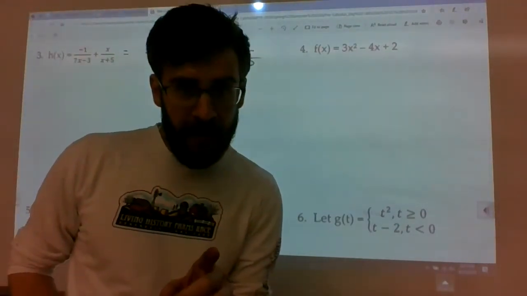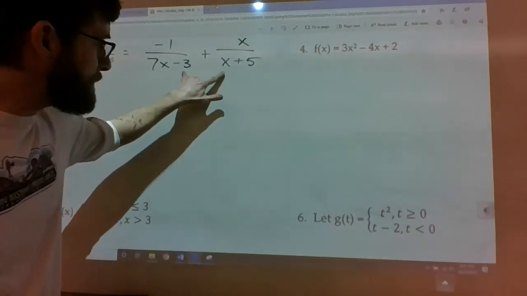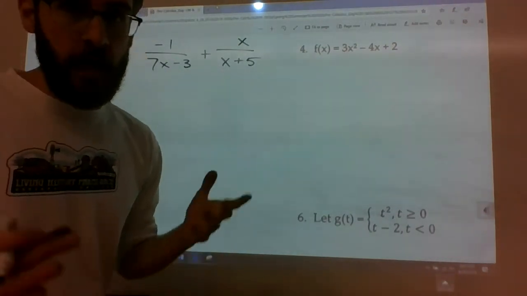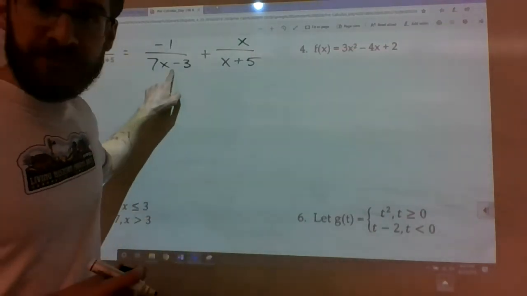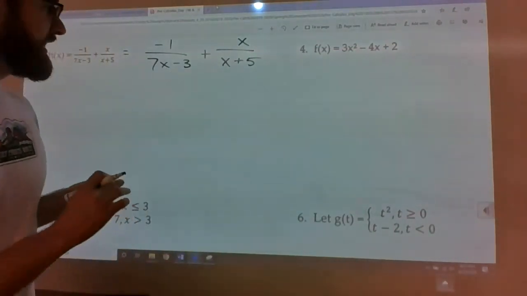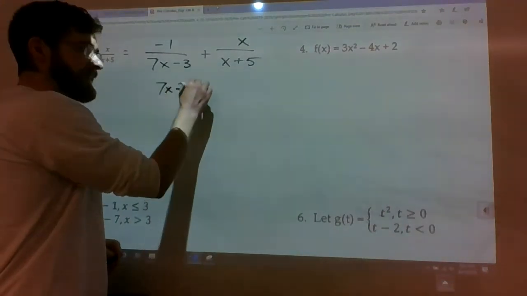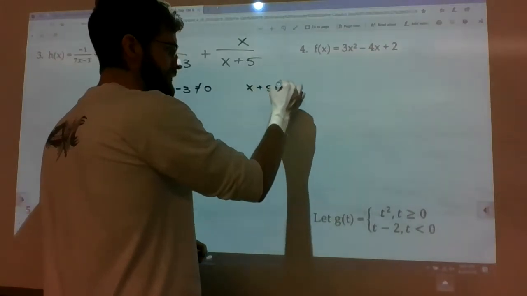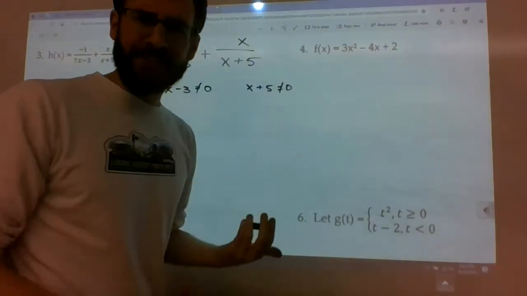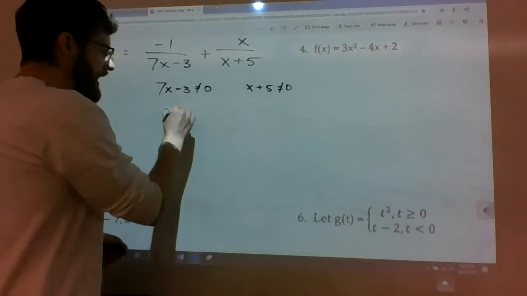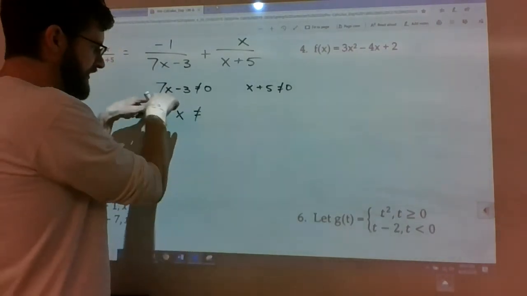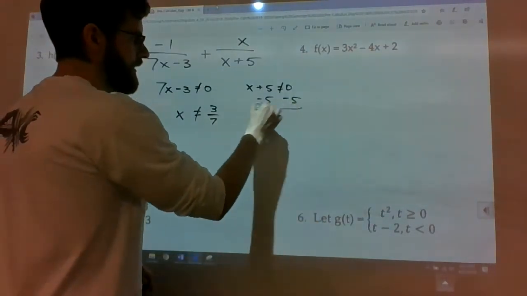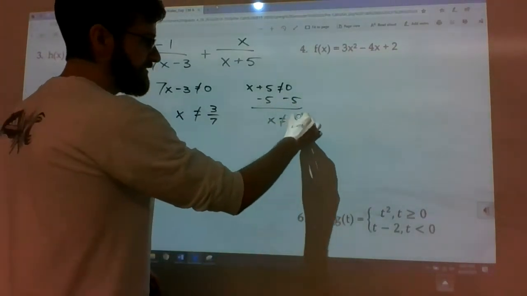Lucky for you, you've got guidance here. If they're separate fractions like this, there's no need to combine them. You can just say, we have a problem with 7x minus 3. 7x minus 3 cannot equal 0. Also, x plus 5 can't equal 0. Those are domain issues. In fact, they're asymptotes. So x cannot equal 3/7. X can also not equal negative 5.